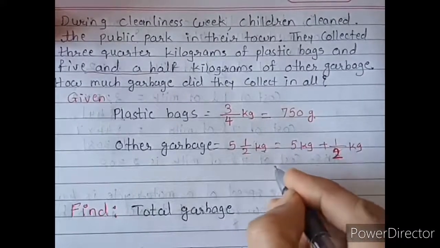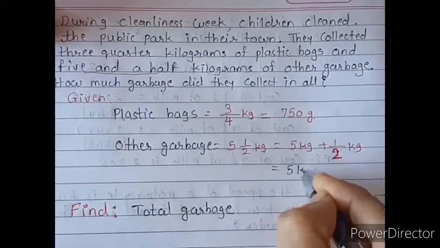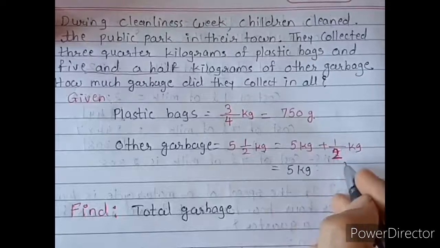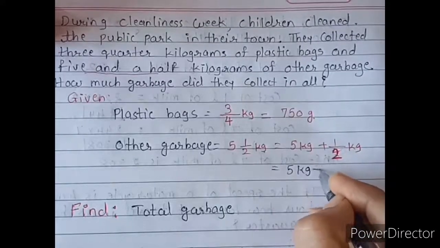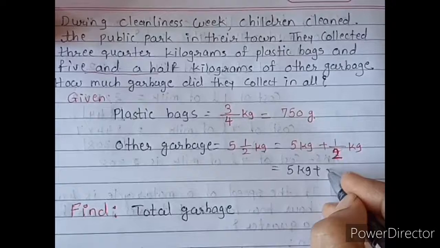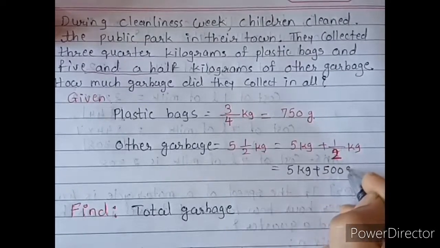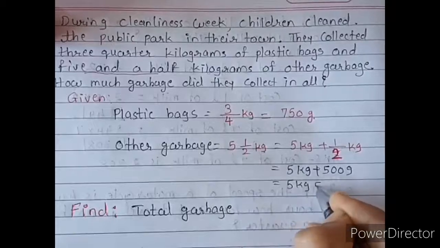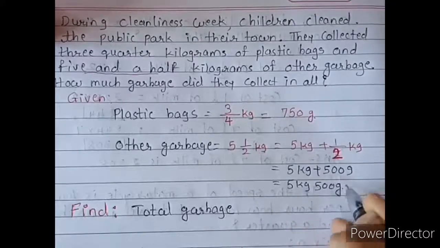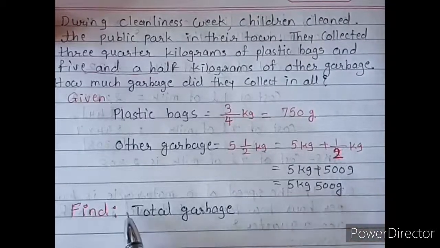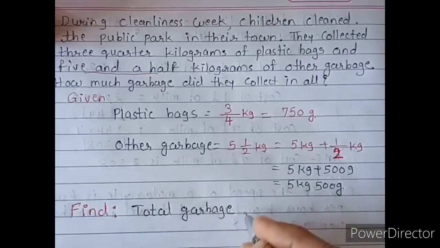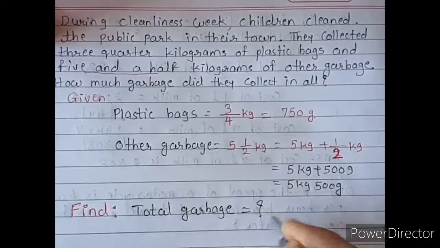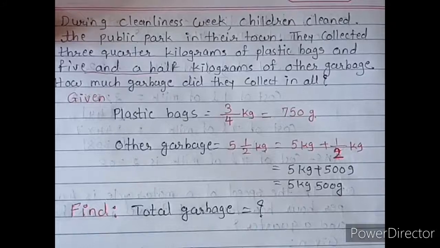So how to write this? 5 kg, and half kg means how many grams? 500 grams. So it is written as 5 kg 500 grams. And what do we have to find out? Total garbage. How much total garbage have they collected?